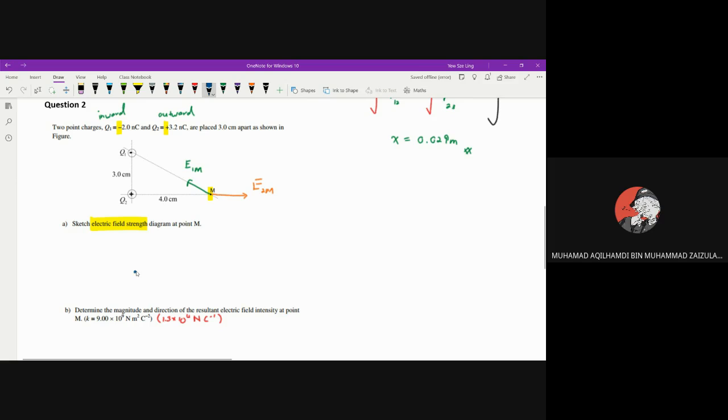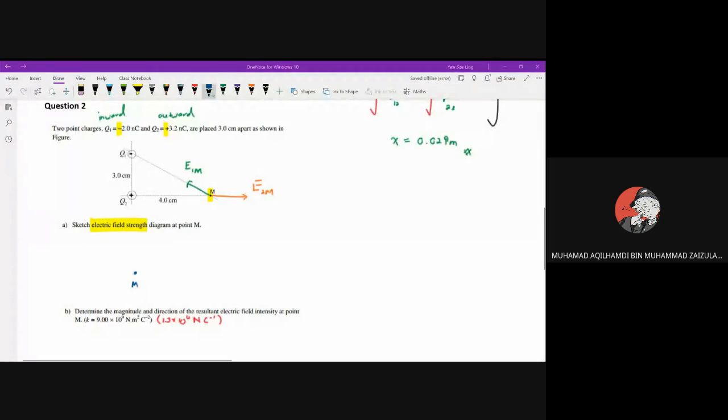Madam, I have point M. If I add theta, can or not, madam? If you do what? Theta. Okay, you want to put the theta, of course you can because you need the theta anyway. But for this question A, because it hasn't asked you to calculate it yet, you can do it with or without the angle.